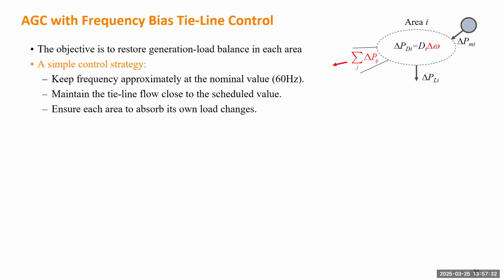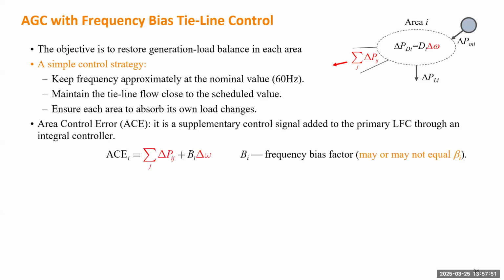And then when we look into each area, if this area has a load change, then the local generation will take care of that load change. That's a very simple control strategy. Even if it may not be 100% practical, this is a very easy, very fair control strategy.